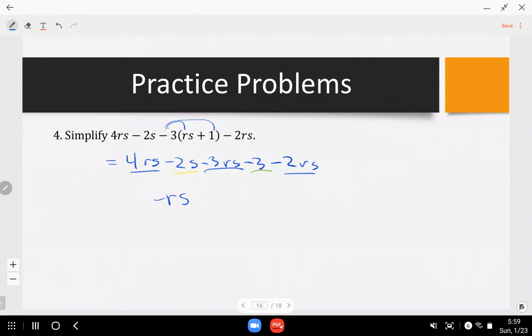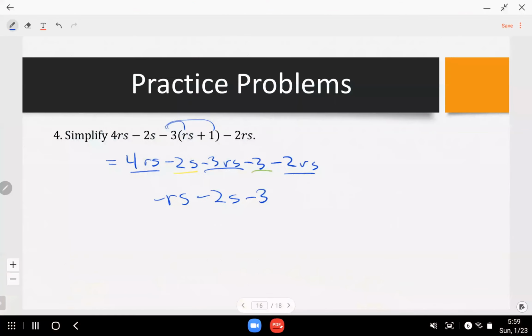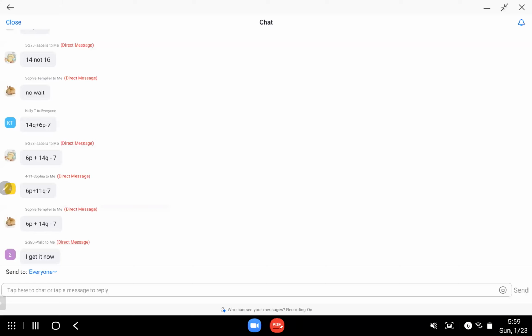And when you're multiplying two of these variables together, usually you would put these two variables at the beginning. And then we have subtract 2S, then minus 3. So this is our final answer. Philip, you get it now. Very good.